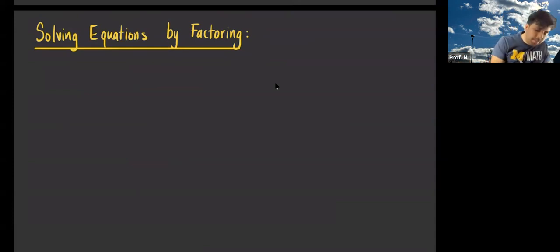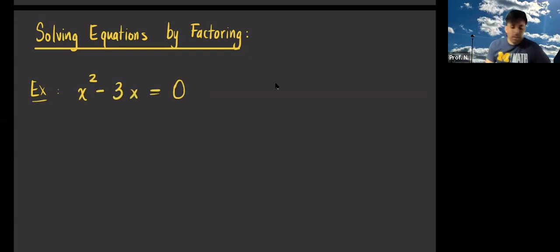So I'll give you an example. I have the equation x squared minus 3x equals 0. So now I have an equal sign, and my objective is to solve for x, right?